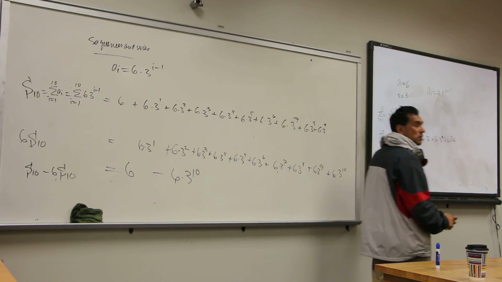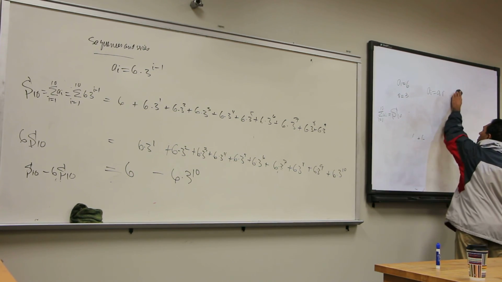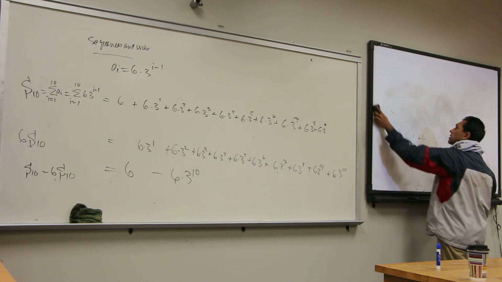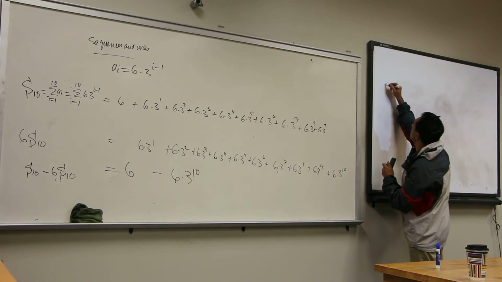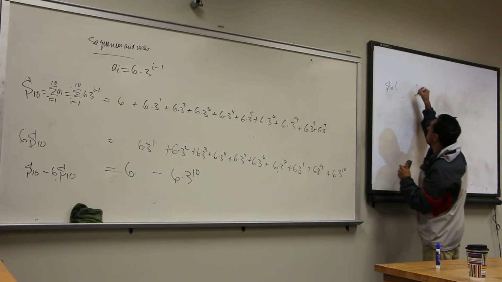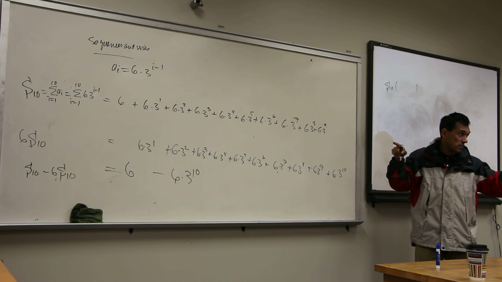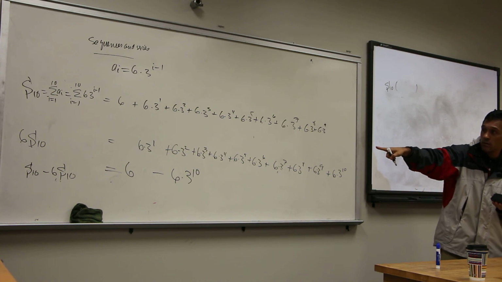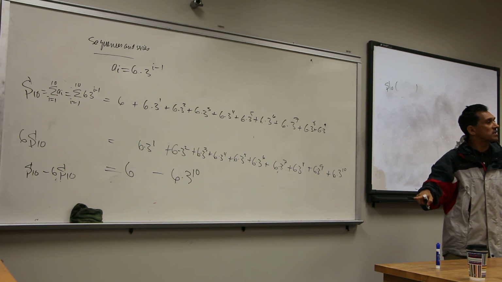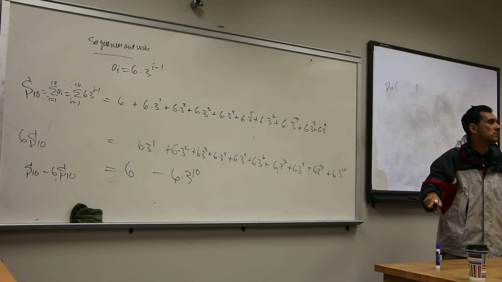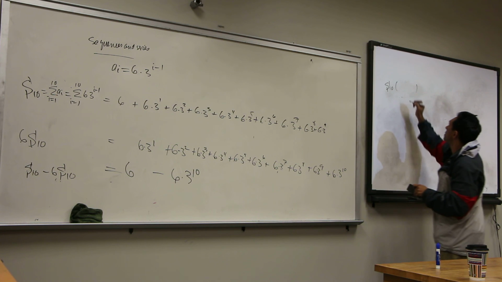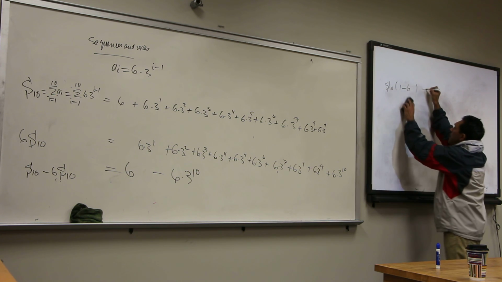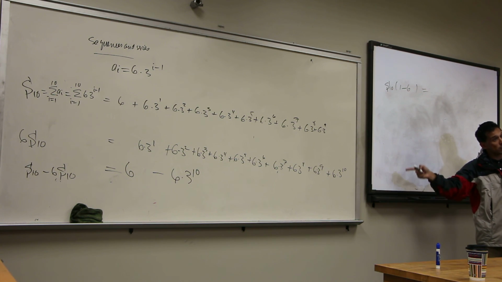That's 10 times what? Oh, you better know how to factor. 1 minus 6. You know how to factor. What is the left-hand side? I'm sorry, the right-hand side.